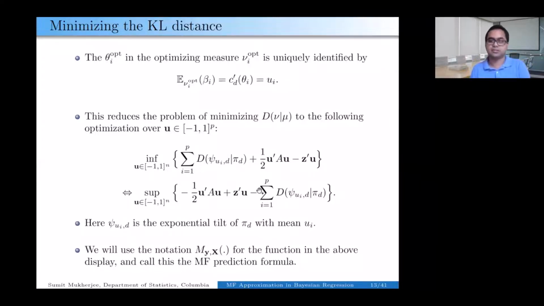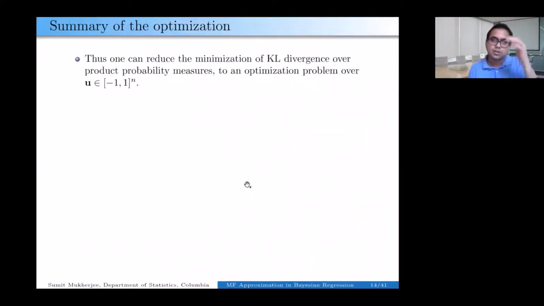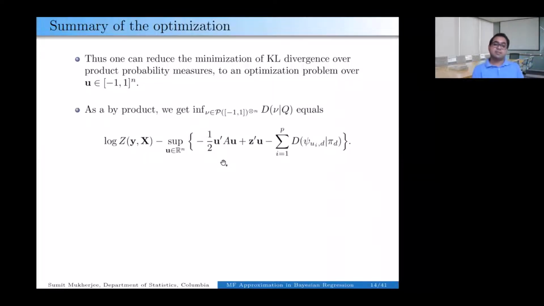So that's what we will do. And so we have reduced optimization to optimization over vectors, which the claim is that it's easier. And as a byproduct, what we get is that log of the normalization constant minus this optimization problem equals this infimum. Right? So this representation comes out for free.